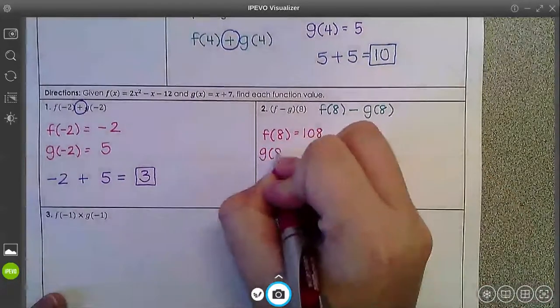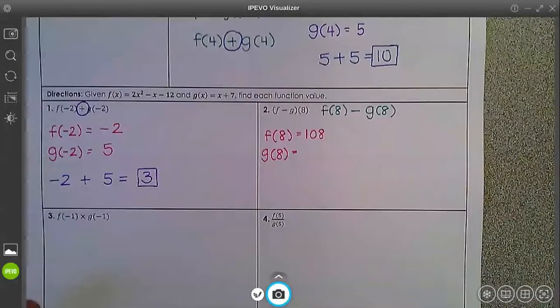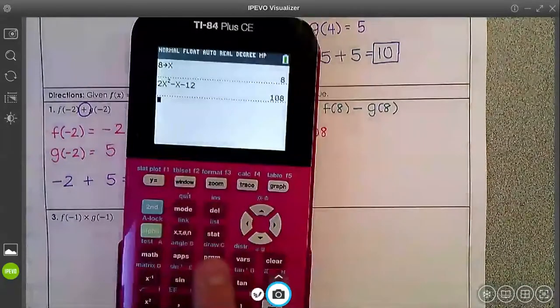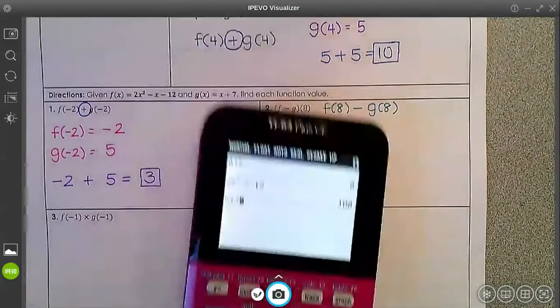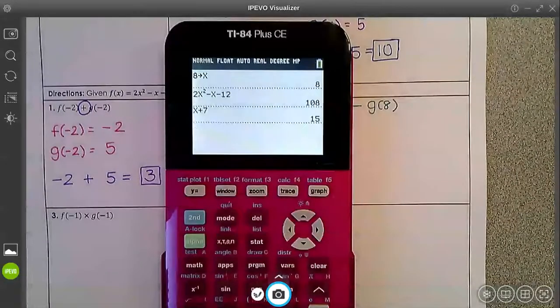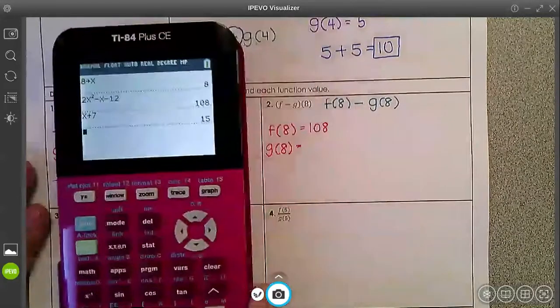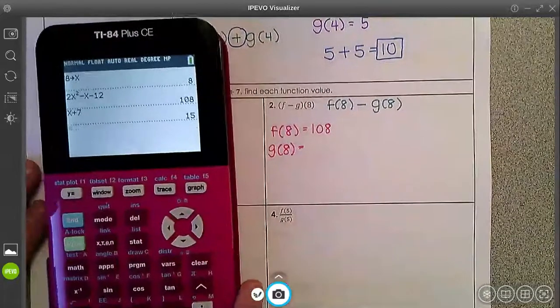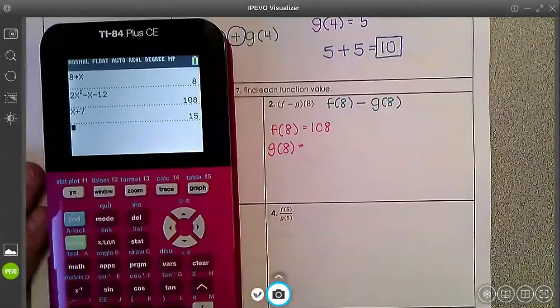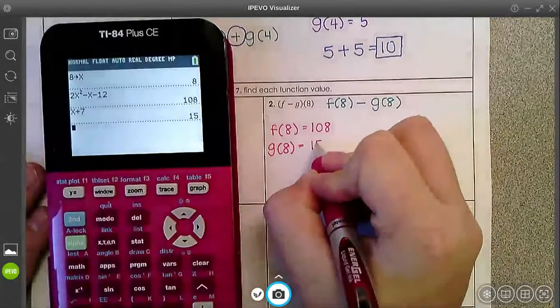And then g of 8, it's easier for me just to type x plus 7 than to go find it again. So either way works. You can go find it and highlight it or just retype it. And we get 15.